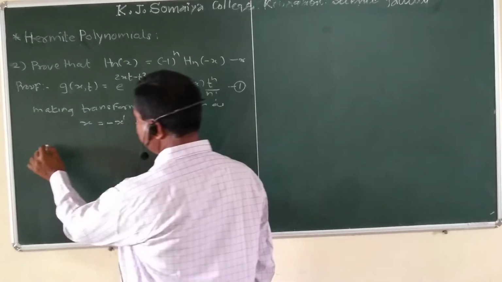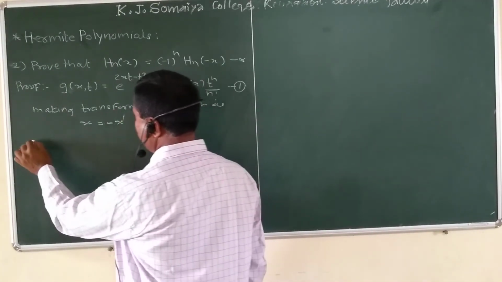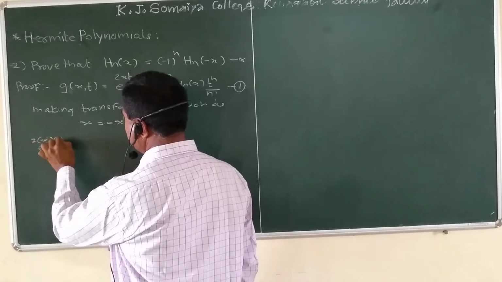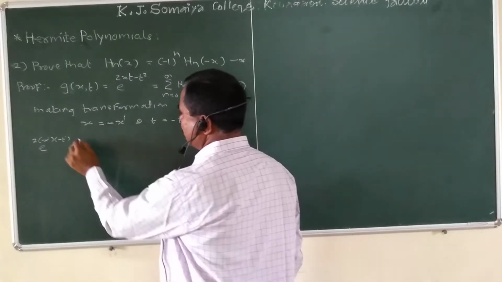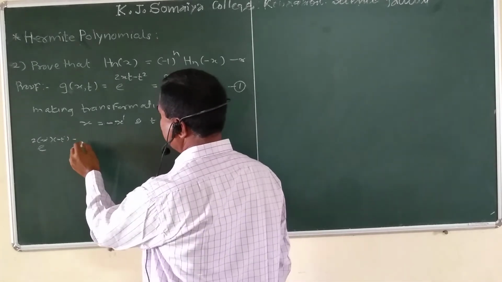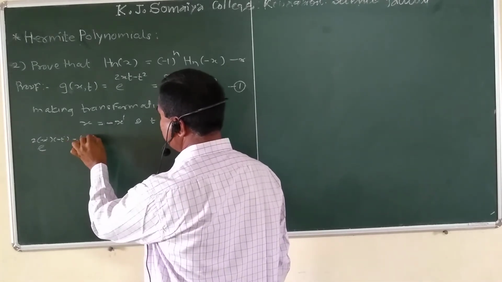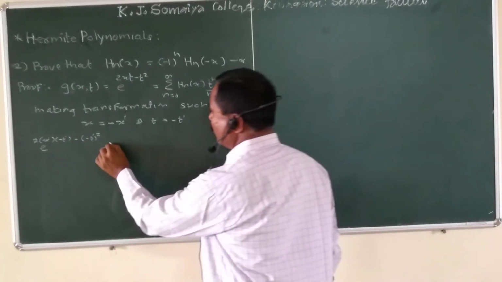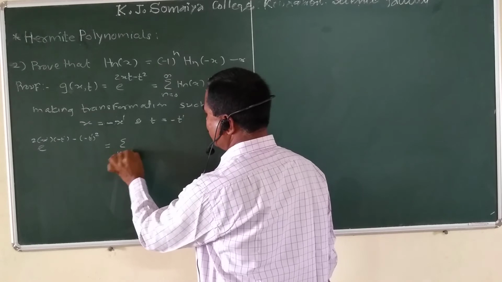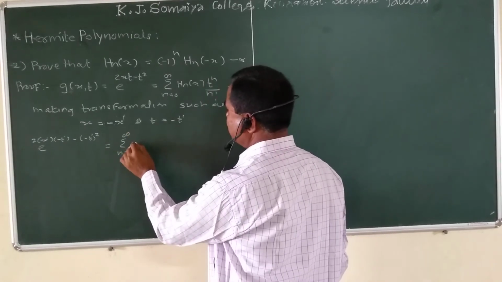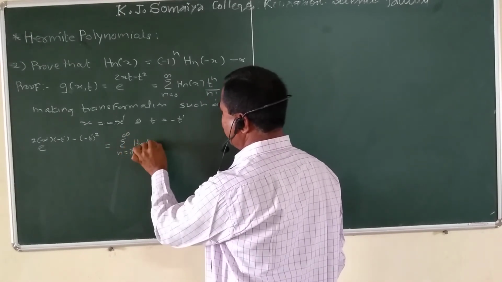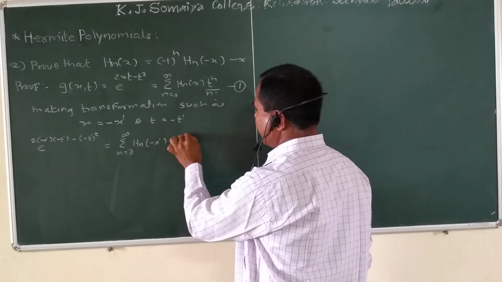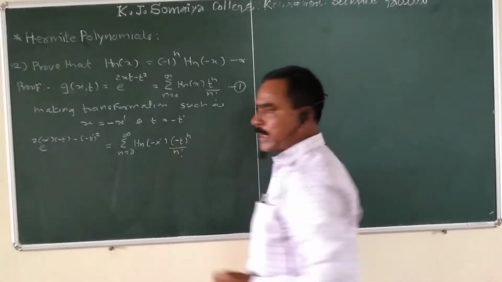Right, here e raised to 2 into minus x dash into minus t dash, minus t dash square, equal to summation n from 0 to infinity H_n of minus x dash, minus t dash raised to n upon n factorial.